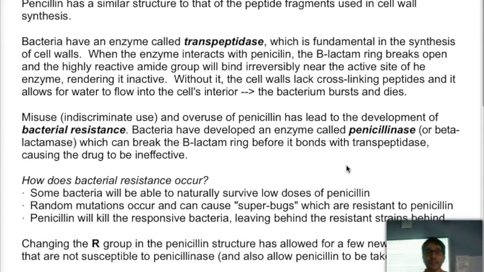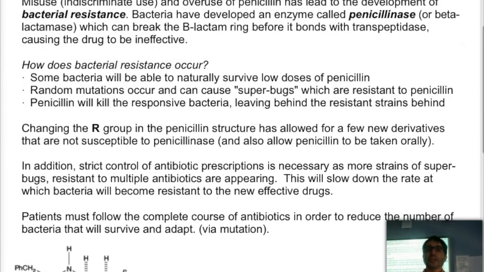All right. Now, that's basically the general way in which penicillin will work. Now, if we misuse penicillin, because it has been over prescribed, we don't finish our cycles of antibacterials, because we give it to animals and all these kinds of things, there has been a growth of bacterial resistance.